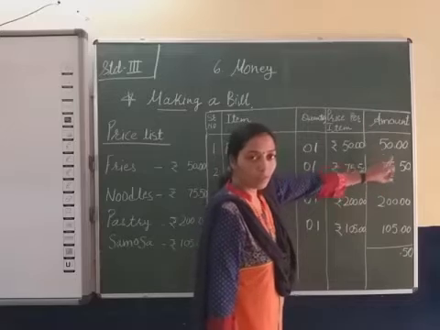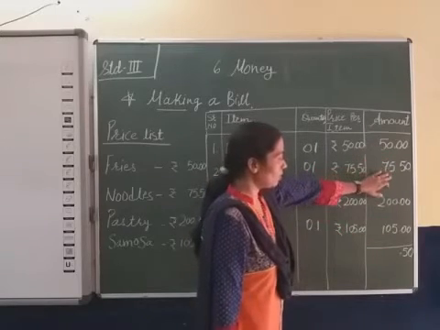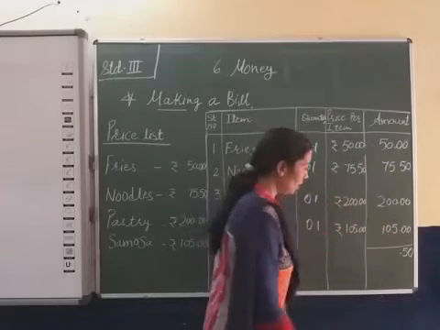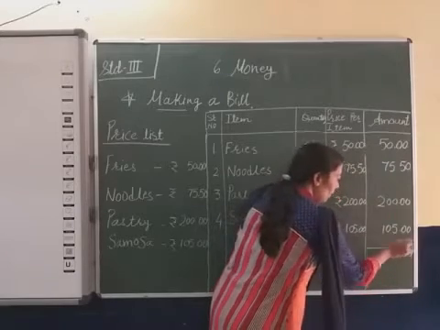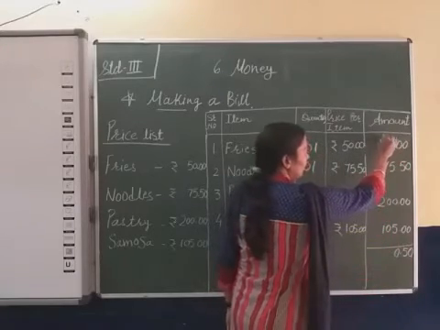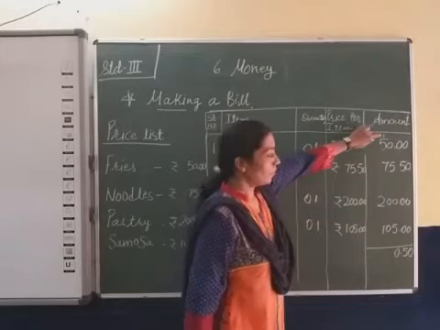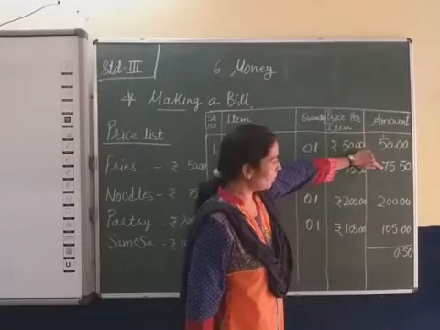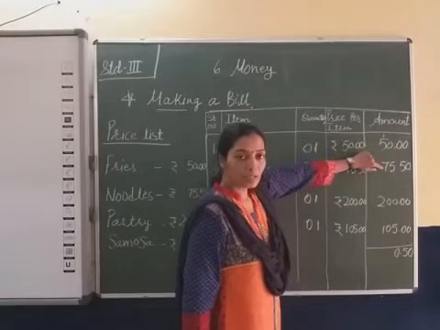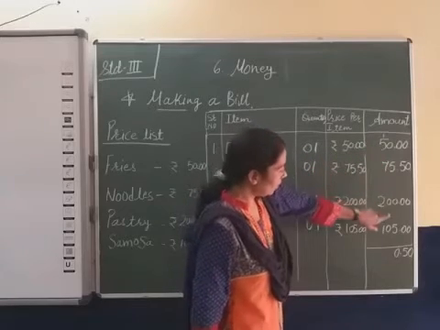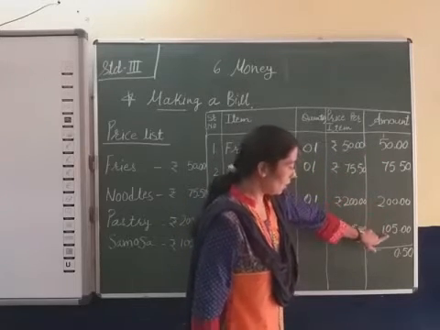Now rupees, on the ones place first we count 0 plus 5, 5, 5 plus 5, 10, put 0 and carry 1 to the tens place, 1 plus 5, 6, 6 plus 7, 13, 13 plus 0 plus 0.